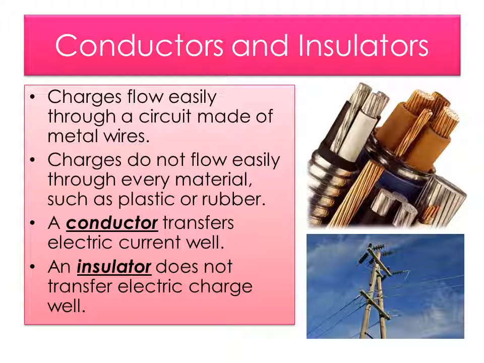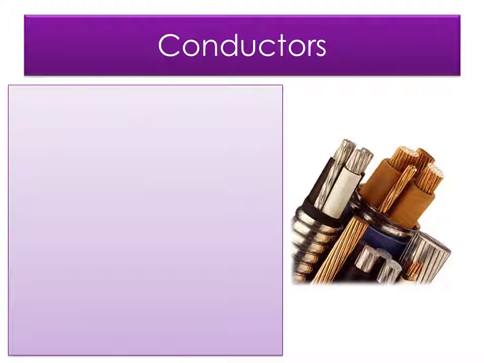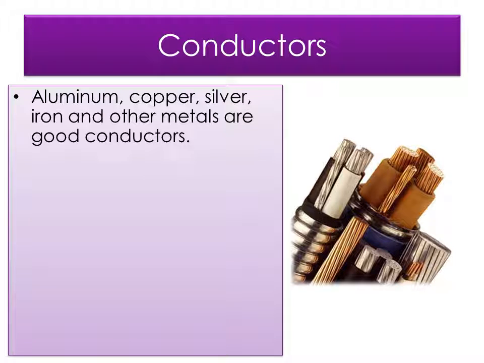An insulator does not transfer electric charge well. So we would not make power lines out of plastic, because the current is not going to flow very quickly or very well.